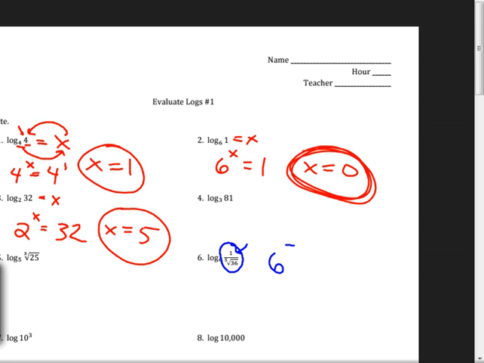Now, who knows something else about our power? Come on, there's smart people in here. Yes? You think it's the 1/5? I don't think it's the 1/5, but you were thinking that it has a fraction. I will give you that it is a fraction. Something over something.